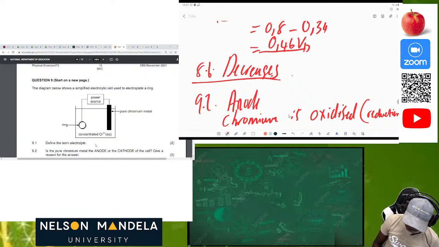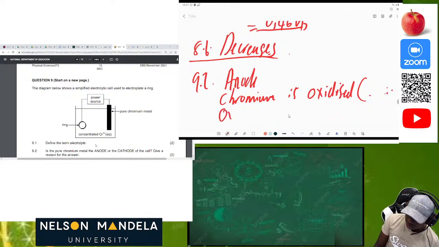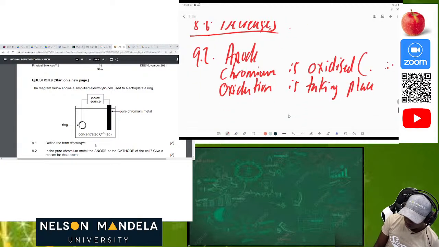Or we can say that oxidation takes place at the anode. Or we can say that it's anode because our chromium is oxidized, meaning that oxidation is taking place at the anode. Okay.